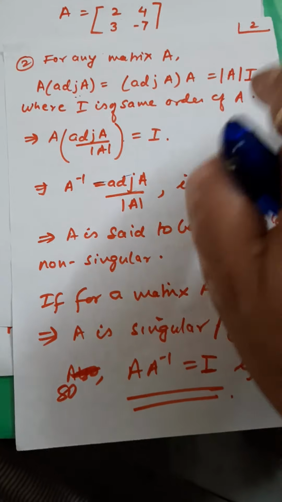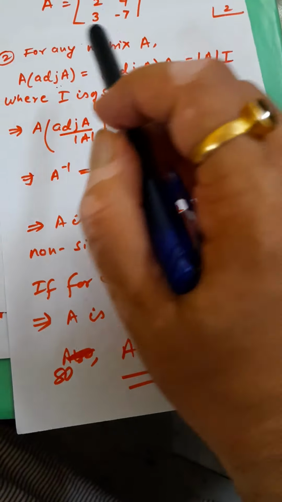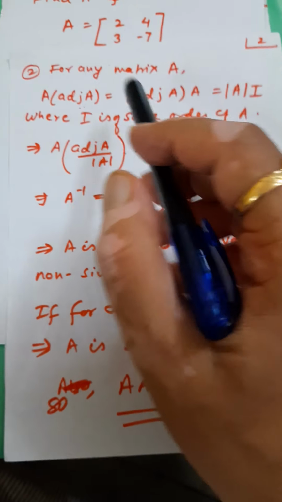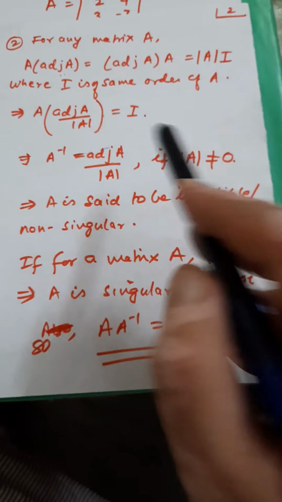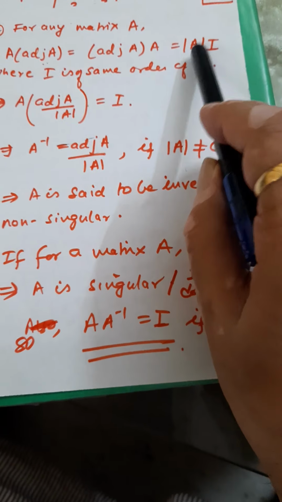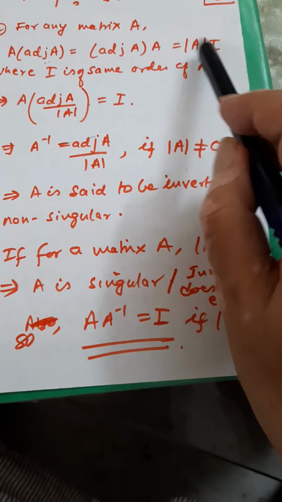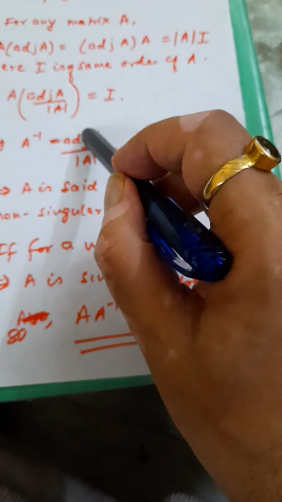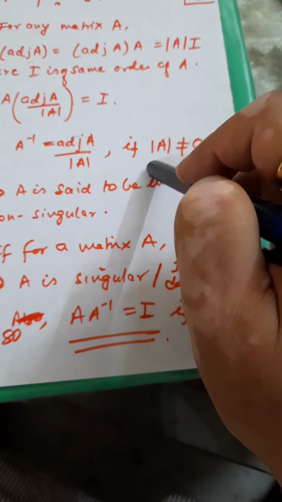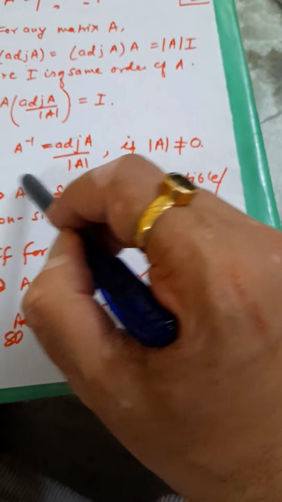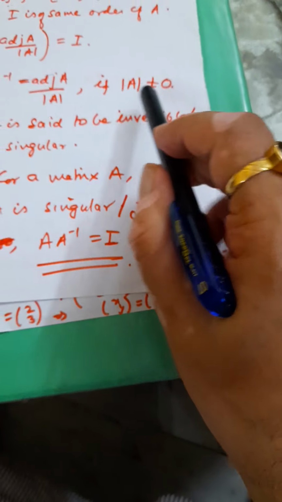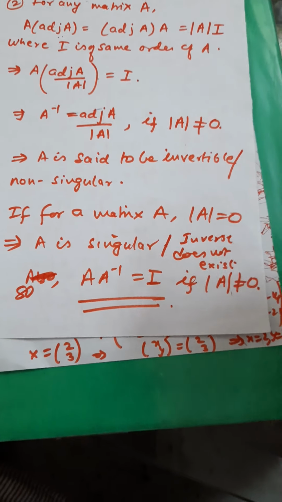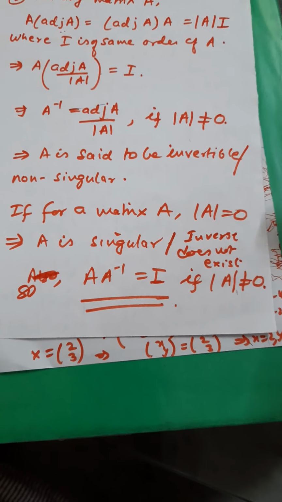Now class, you know that for any matrix A, A times adjoint A equals adjoint A times A equals determinant of A times I always, where I should be of the same order as A. So when you divide by determinant of A, the inverse is adjoint of A upon determinant of A, and so A is invertible. So we can say A inverse exists if determinant of A is not equal to 0. Like the inverse of 4 is 1 by 4, the inverse of 5 is 1 by 5.